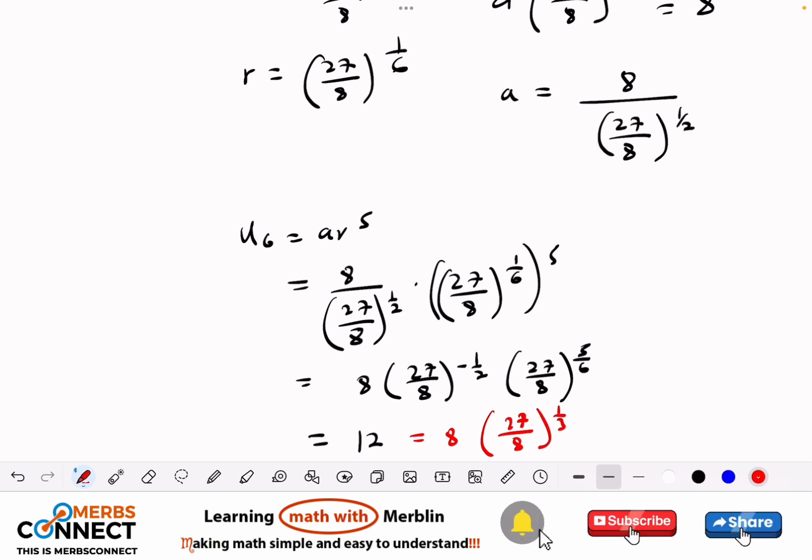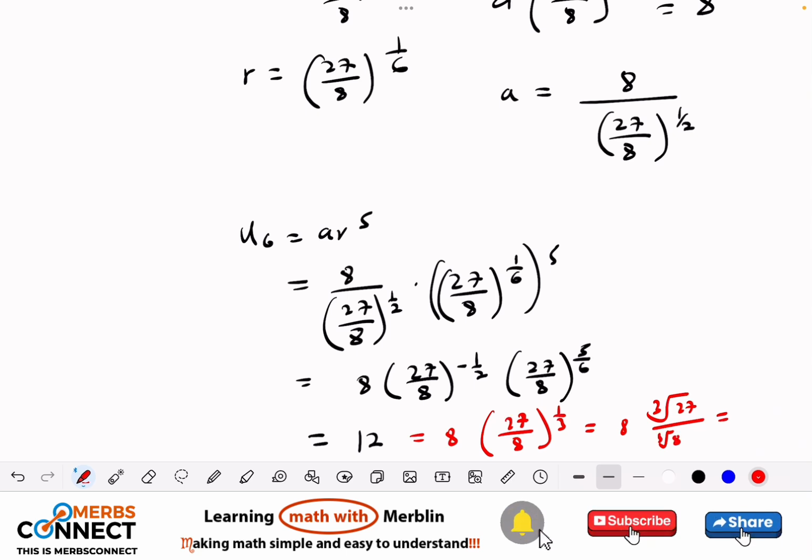Okay, so I think I can simplify that. So this is going to be cubic root of 27 divided by cubic root of 8.